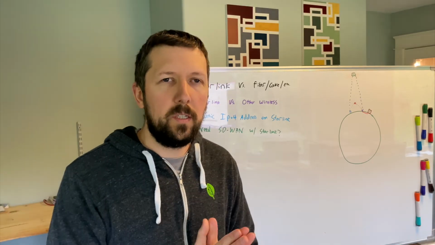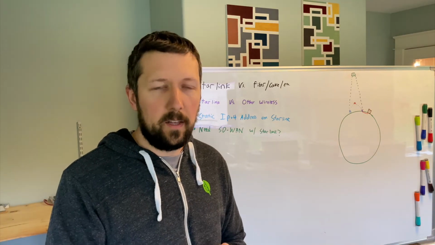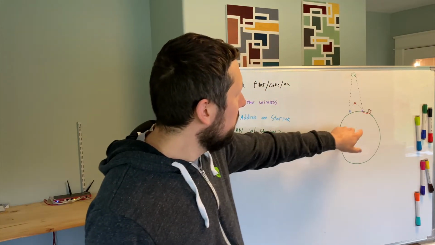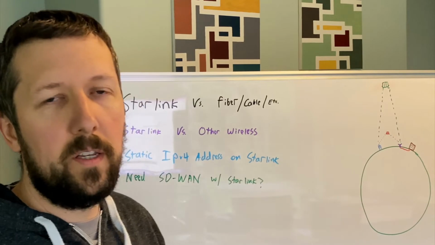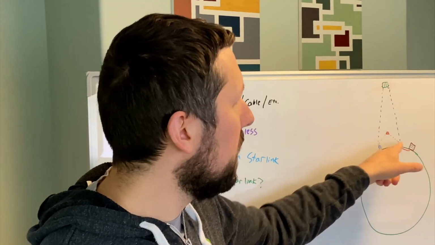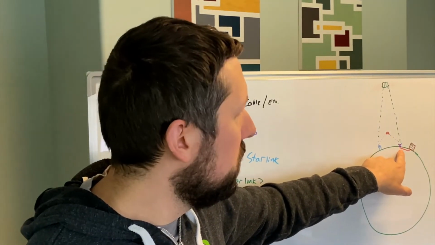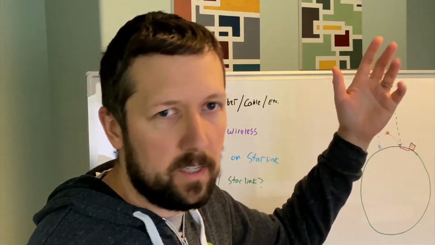You might wonder, what's the difference between geosynchronous satellite and low Earth orbit satellite? And I drew a cute little diagram here to show that. So if you've got my house, the red depicts essentially what is happening with the low Earth orbit, where there's a shorter path from my house to the satellite to the ground station, which then is connected via fiber to whatever data I'm reaching, some data center.